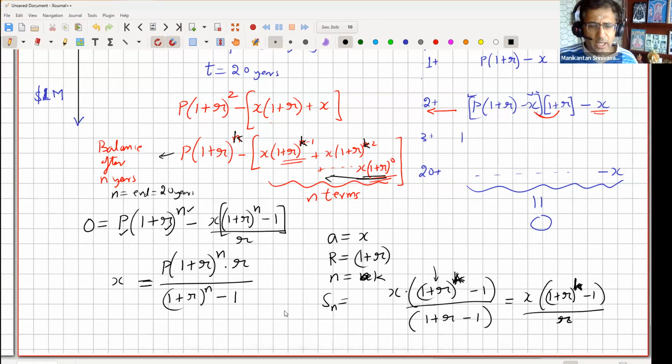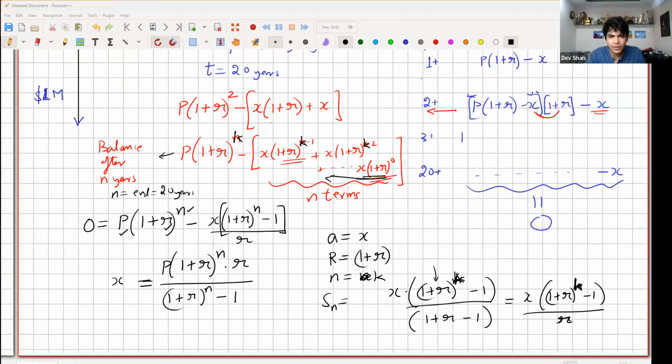Okay. Now, can you guys plug in your answer in this expression? Plug in P is 1 million, plug in R is 6%, and plug in N equal to 20, and see what value for X you get. It should be slightly more than $5,000. Not slightly, maybe 7,000. What should R be?